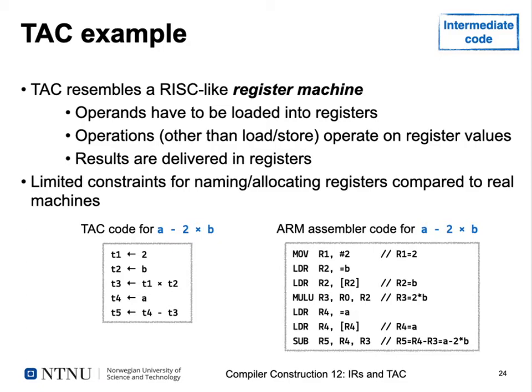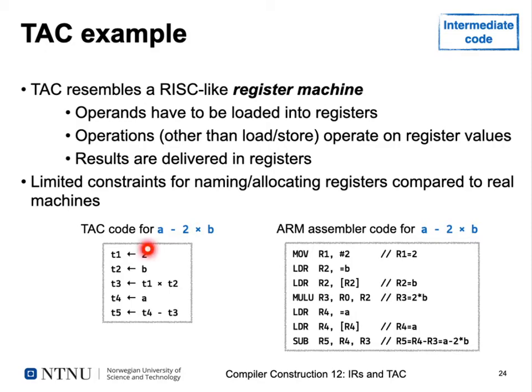So 3-address code for our arithmetic expression a minus 2 times b might look like this. We first load our constant 2 into temporary 1, then we load our variable b into temporary 2, then we execute our multiplication operation, now using the 2 intermediate results, because we know these operations can only operate on our internal registers.